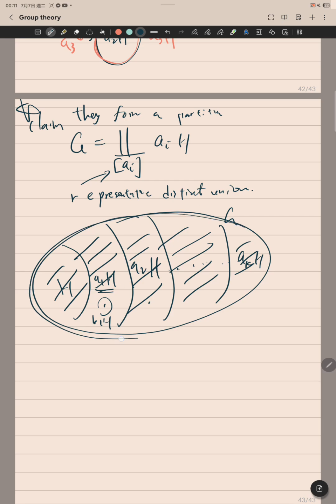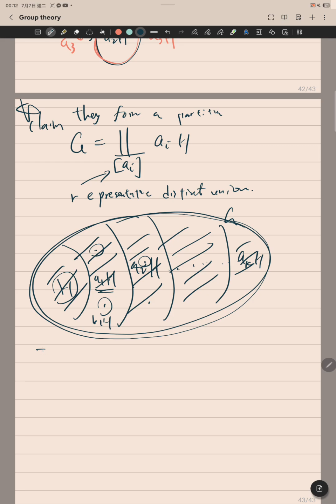So the whole group G can be represented as H union a1H and so on, but you have many choices of a_i. You can pick a particular representative in this coset, a particular representative in this coset, and a particular representative for another coset. To prove this picture, all we need to prove is the following.